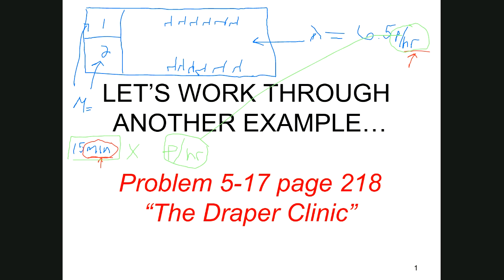It has to be expressed as a rate. Perhaps the easiest way to think about this is, if a doctor can see one patient every 15 minutes, how many patients does the doctor see per hour? Of course, that's 4, because there are 60 minutes in an hour, and he sees one patient every 15 minutes. So the service rate is 4 per hour.